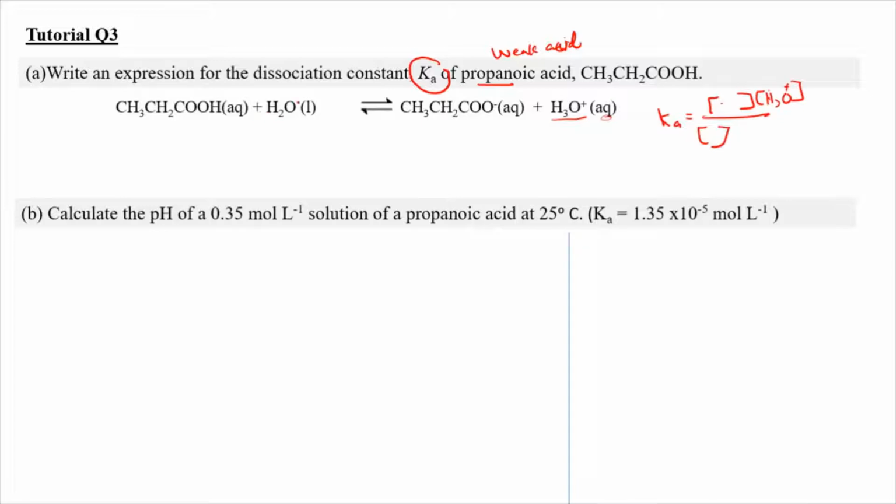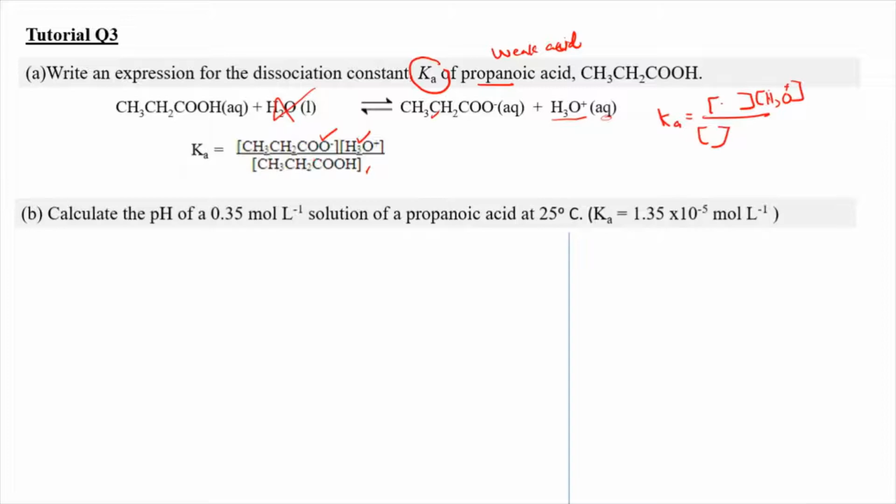Okay, and for the water, we can ignore that because pure liquid is not included in the equilibrium constant. Right? So lastly, we're going to get our Ka to be the CH3CH2COO minus, which is our product, and then our H3O plus divided by the concentration of the aqueous CH3CH2COOH. Okay, so here is the equilibrium constant, the Ka, for the propanoic acid.